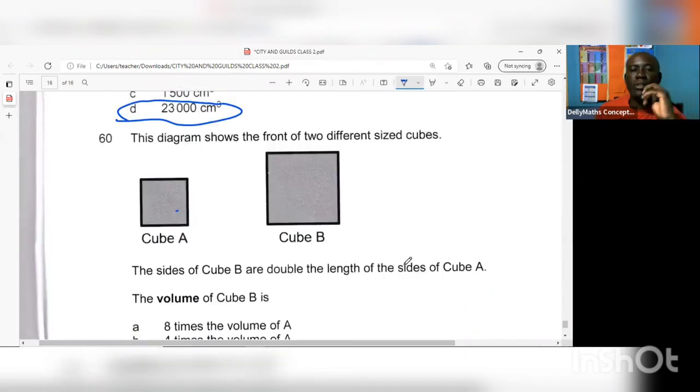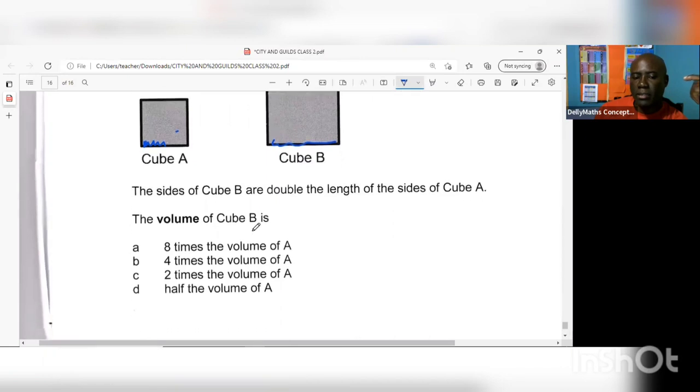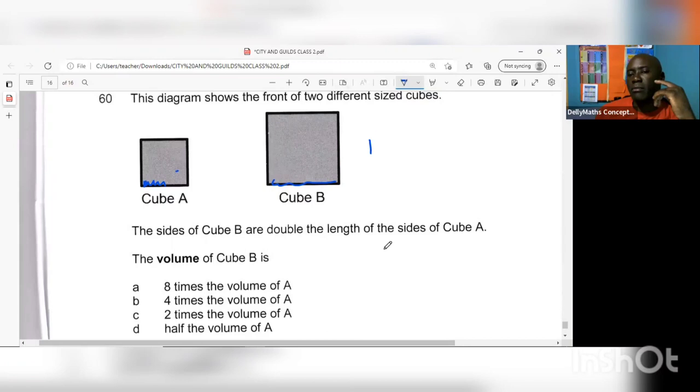The diagram shows the front of two different size cubes. The sides of cube B are double the size of cube A. When you think about this side to that side, they're doubling. What is the volume of B? The scale factor is 2 because it doubles from here to here, but that's for length.